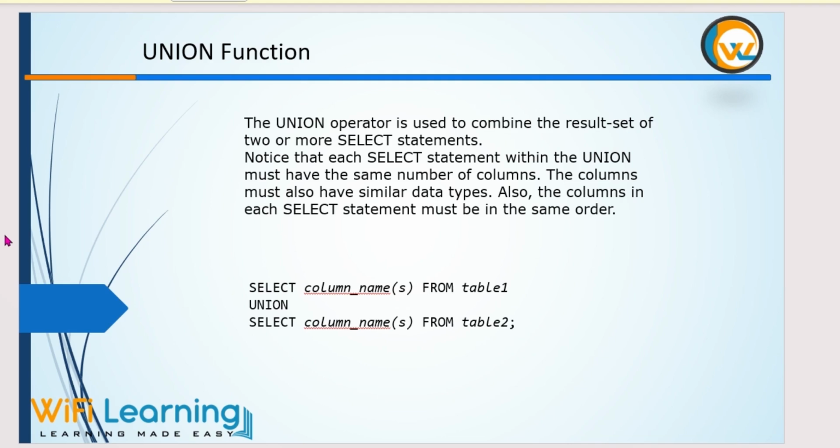It will give an error. Also, the columns in each select statement must be in the same order. It should not be like you have order id and in the next column you are getting order name.